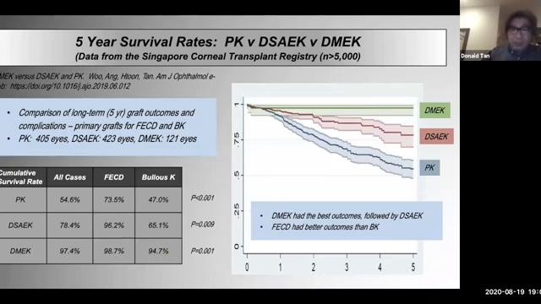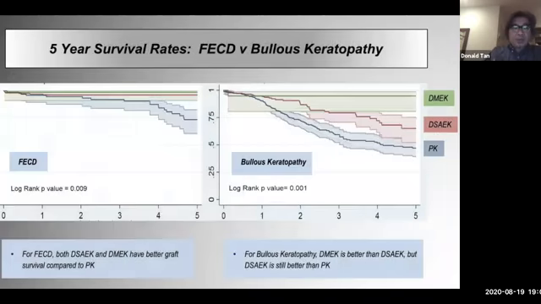So if we split this chart by disease indications, you see on the left here Fuchs dystrophy, and of course in the West, in Europe, Fuchs has got the highest incidence in terms of, say, DMEK or DSEK. You see that DSEK and DMEK all do very well, PK not as well, but the challenge really is not Fuchs, it is bullous keratopathy.